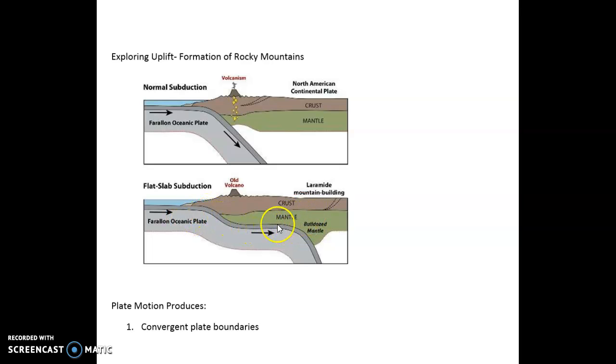It's not showing it here in this picture per se, but it is showing the shallower angle, and it scraped the underside of the North American plate, and it caused those Rocky Mountains to pop up. So those Rocky Mountains were not right at the coast. They're said to be about 1,000 miles from the west coast of North America.